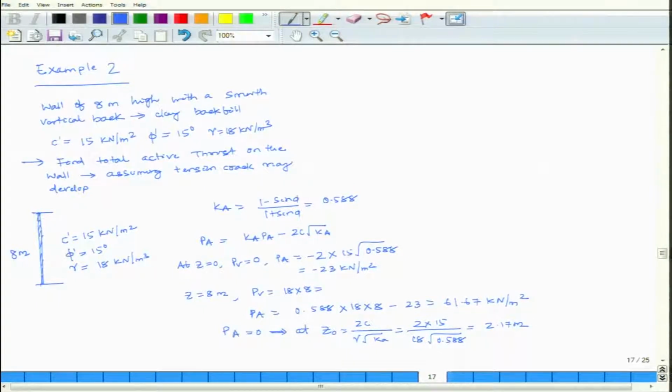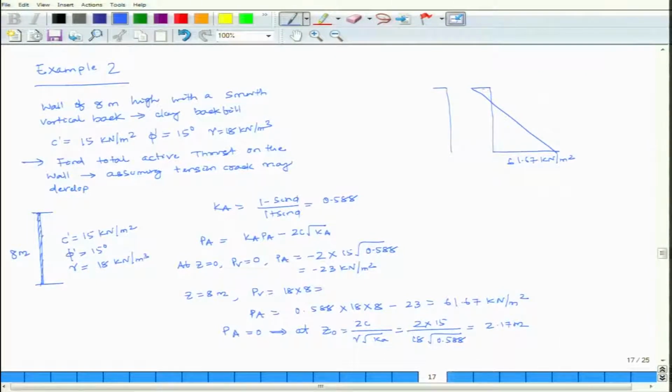So, if I draw it, how it looks like, this is my wall. Here at the bottom it will be 61.67 kilonewton per meter square.